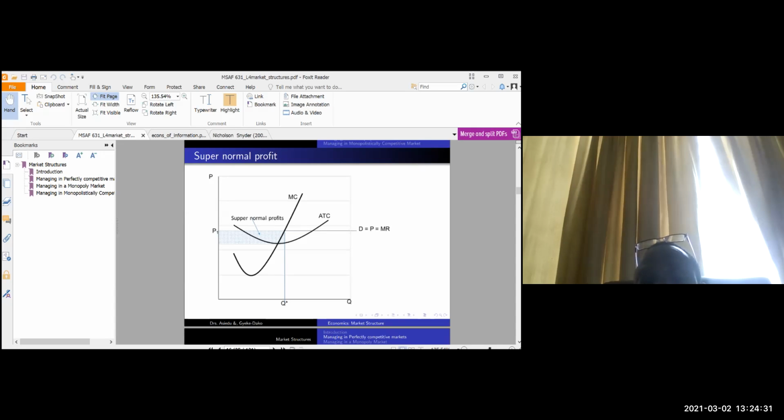If you can do that, then you are making supernormal profit. You'll be making normal profit if the price you are getting covers only the average variable cost. But if you are covering both average variable and average fixed cost, then you are making supernormal profit.